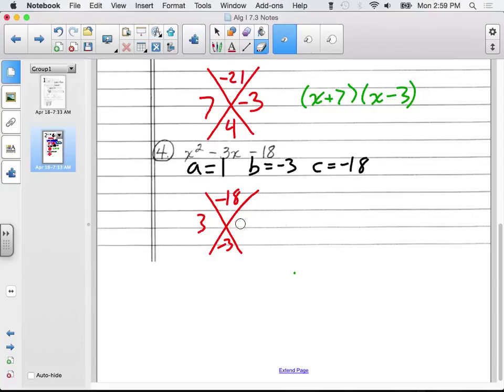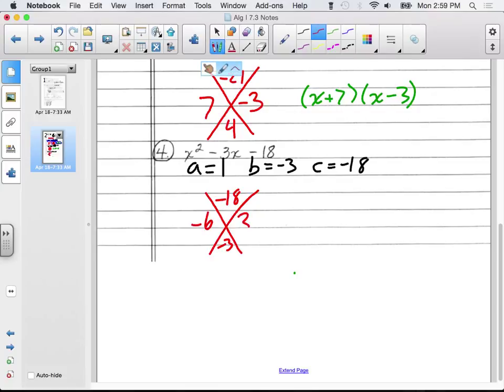Are you saying it has to be negative 6, positive 3? It really doesn't matter. You're right, it doesn't matter. You can have either one on either side, right? That's right.